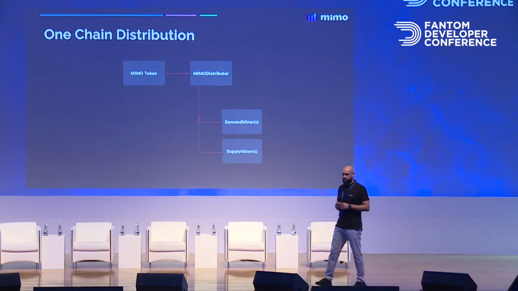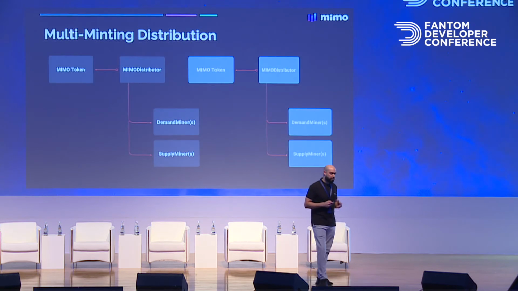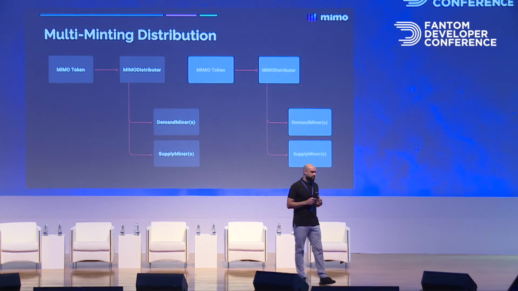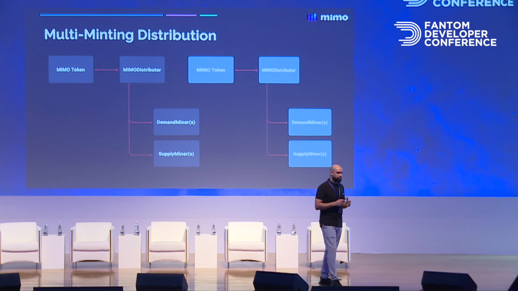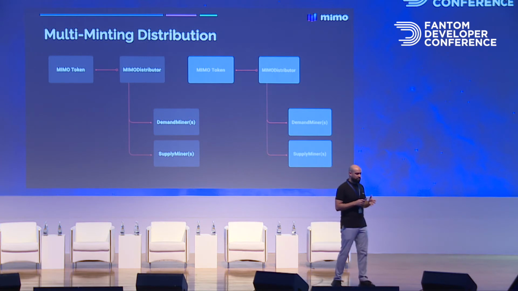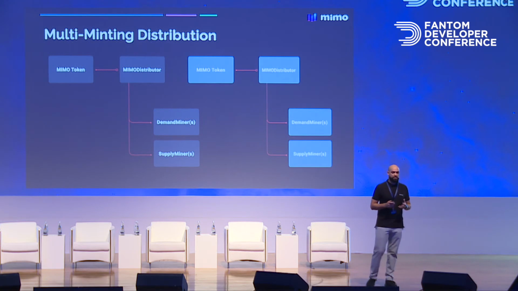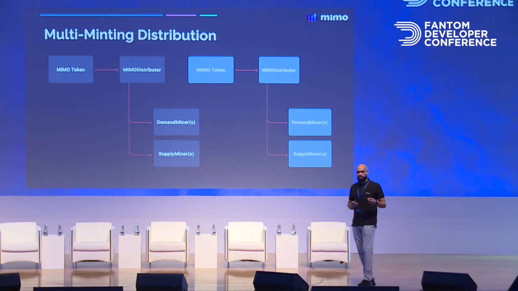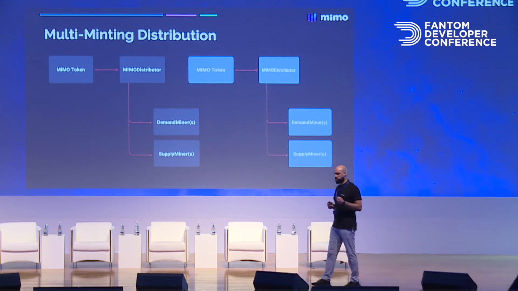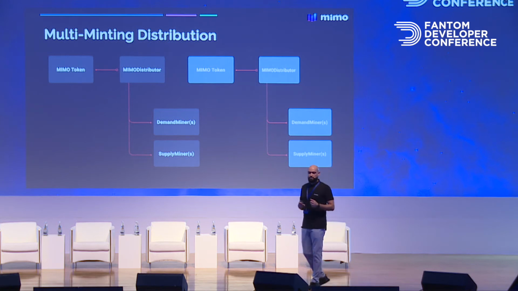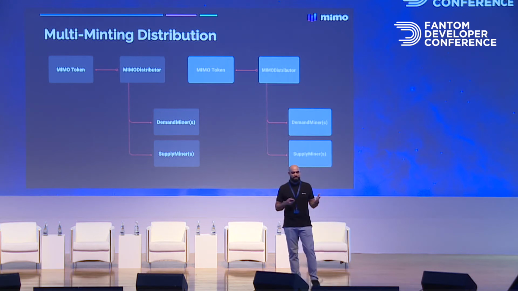But then we wanted to move to a new chain, so we had to think about it. And we came with an idea of just duplicating what we had. So okay, let's take a new token, a new MIMO distributor, and just deploy that in the new chain. It's working fine, but the issue is that users that are receiving tokens on the new chain couldn't switch between chains pretty easily.